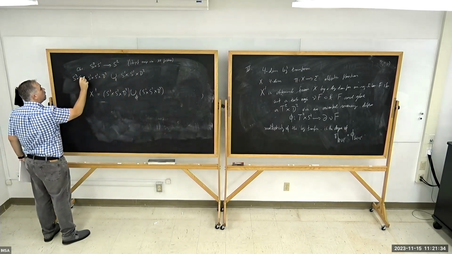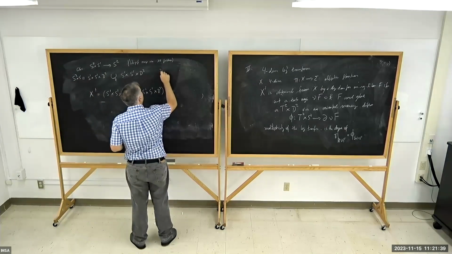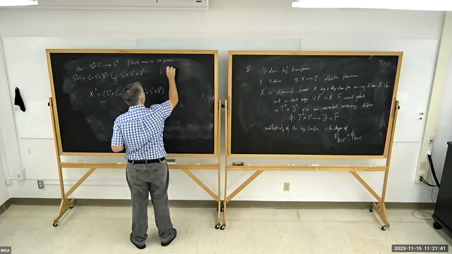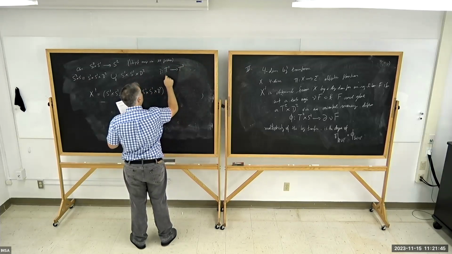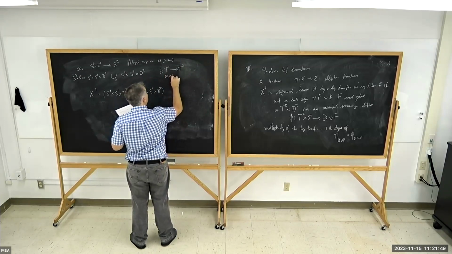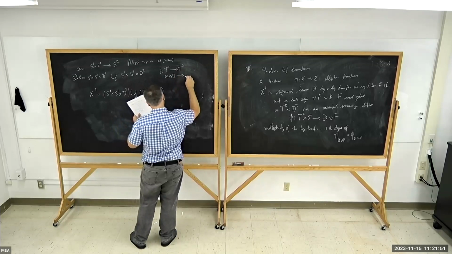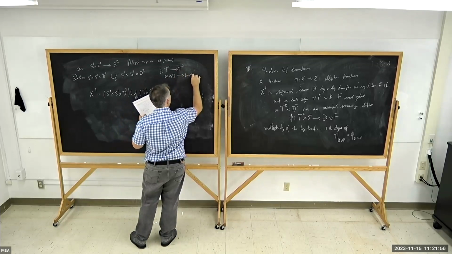For this usual S3 cross S1, you can put this explicitly. So T3, repeat 2, the psi, and go to psi.